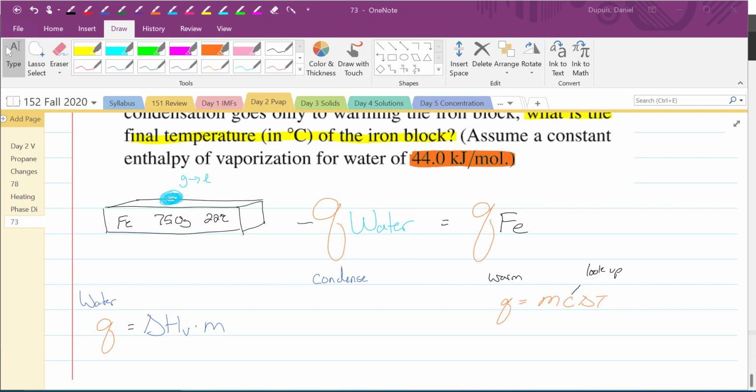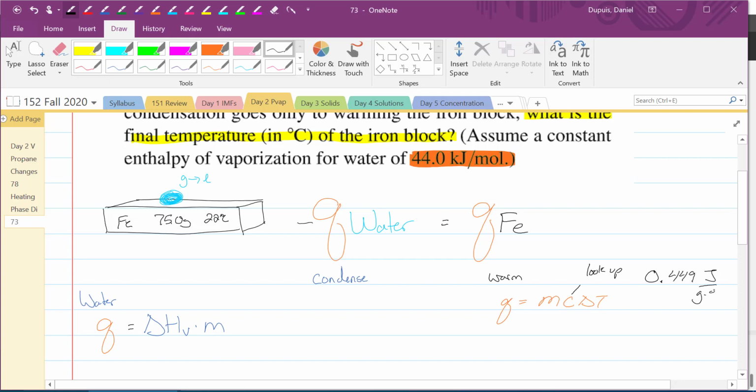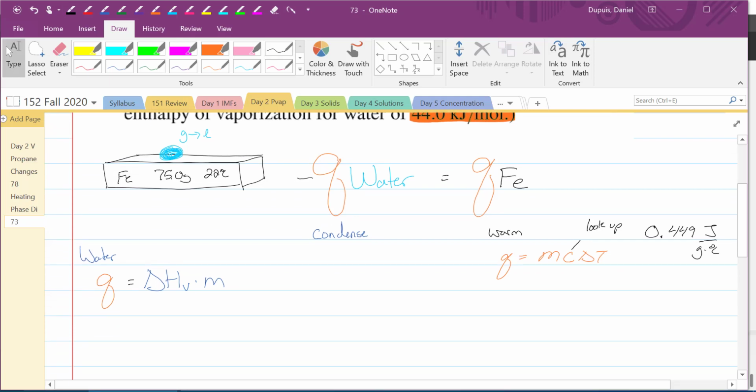If I look it up, it's 0.449 joules per gram degree Celsius, right where you look up specific heat. If you're in the e-text, look up specific heat, and it's on the page or two, plus or minus, right there. That's how you can look things up in the book. Definitely use the book number for that.